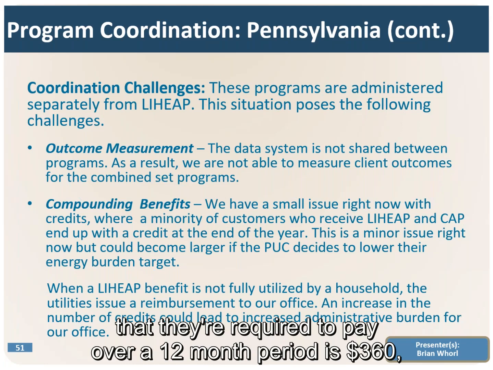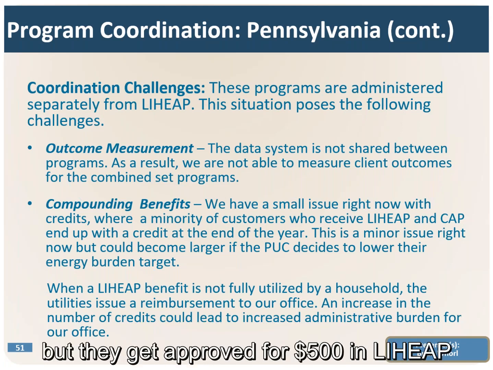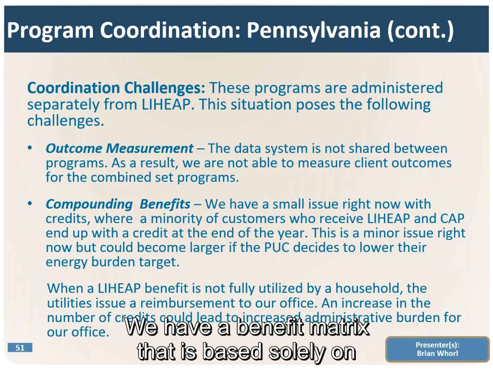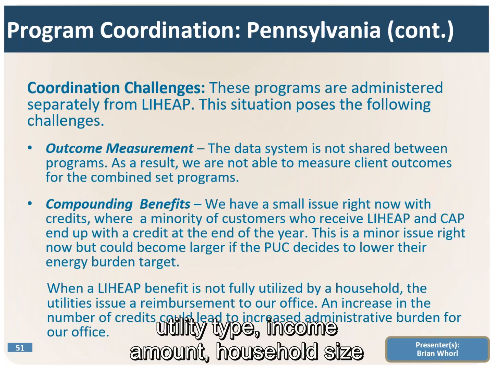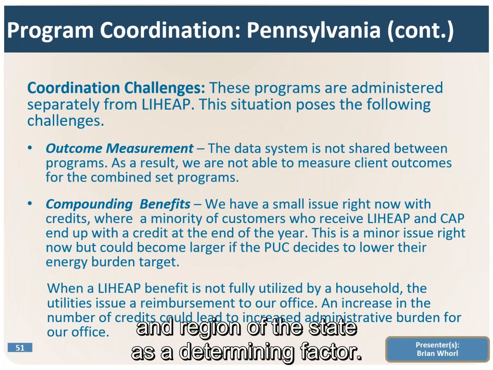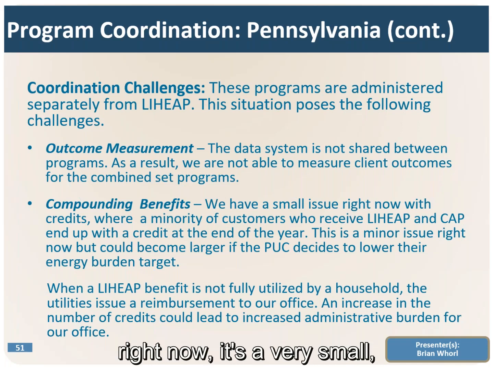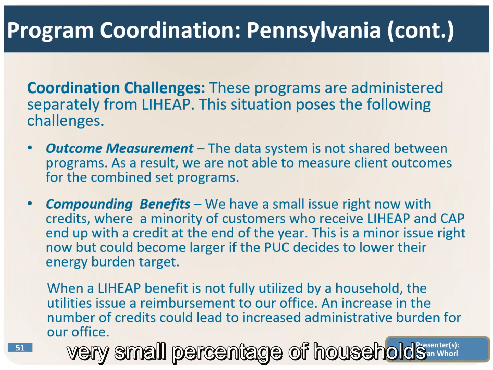Over a 12-month period is $360, but they get approved for $500 in LIHEAP because we do not factor utility bill amount into our determination. We have a benefit matrix that is based solely on utility type, income amount, household size, and region of the state as determining factors.